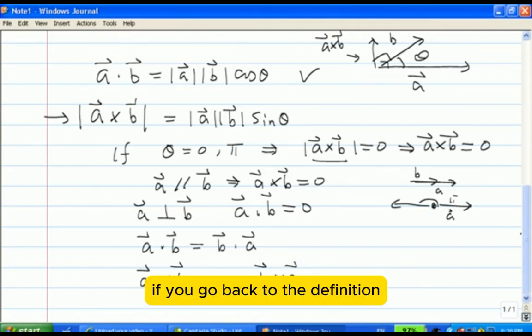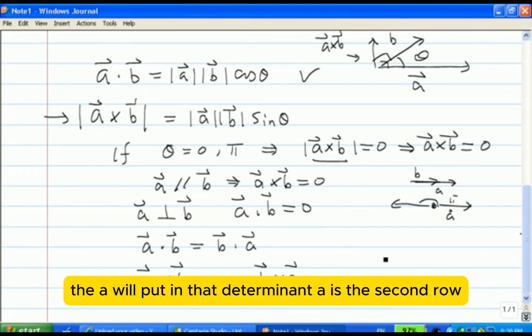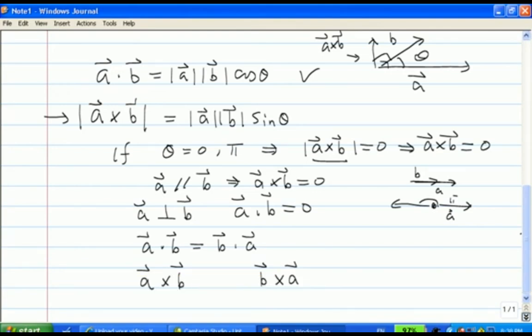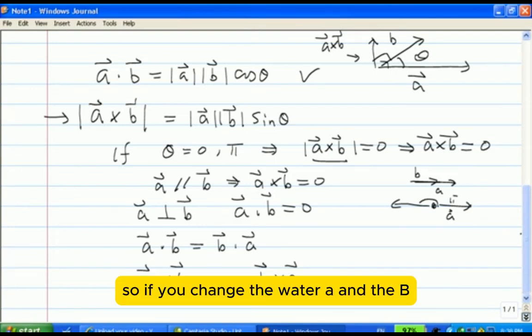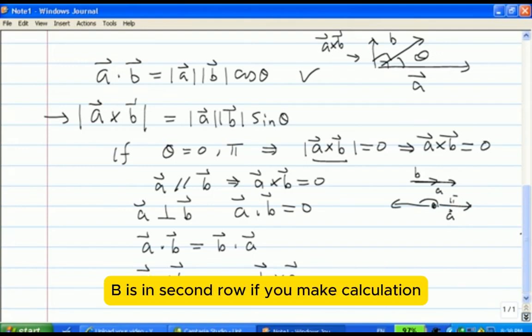If you go back to the definition, the A we put in that determinant is the second row, B is the third row. The order is important. So if you change the order of A and B, that means you put A in the third row and B in the second row. If you make the calculation, you're going to see this is the negative of that.